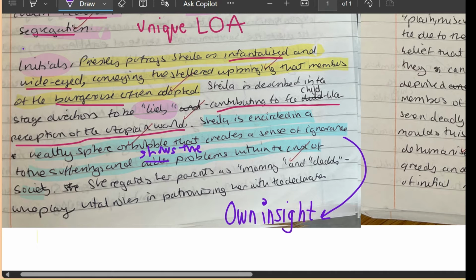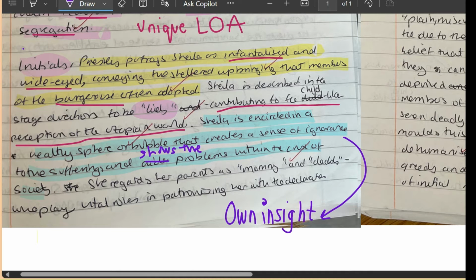And my insight was Sheila is encircled in a wealthy sphere that creates a sense of ignorance to the suffering and shows the problems within the crux of society. So that is my insight. Make sure you show your insight. And where do you get this insight from? Well, that's from the revision. That's from practicing essays and realizing things that can be really nice, lovely links to make.